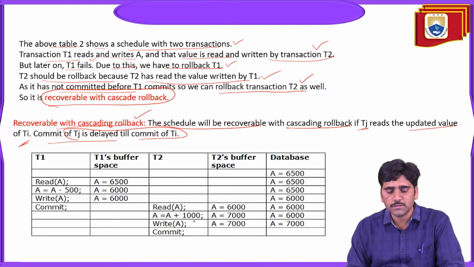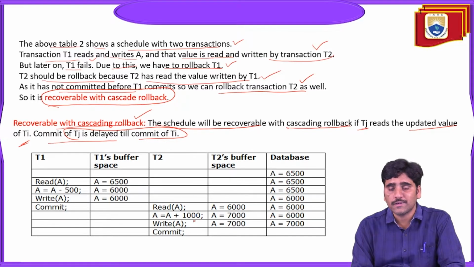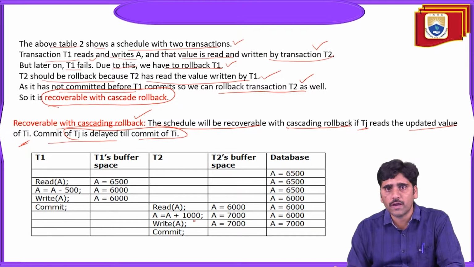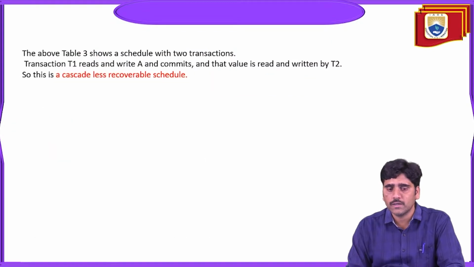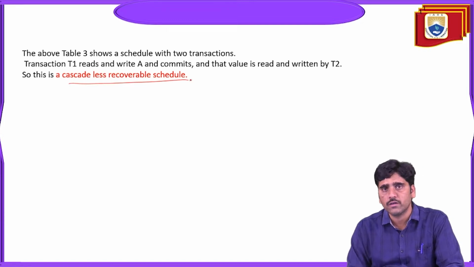So from this figure we can say that transaction 1 updates all the values and it is committed. Similarly, transaction 2 also updates all the values and it is committed. They are individual transactions, so if we recover the transactions individually, we can say that it is a cascade-less recoverable schedule.